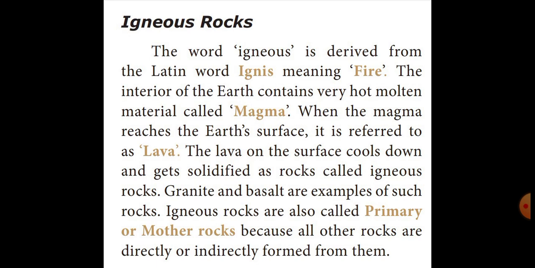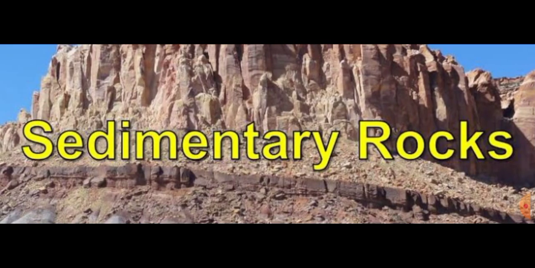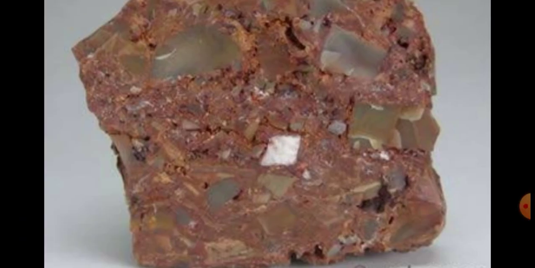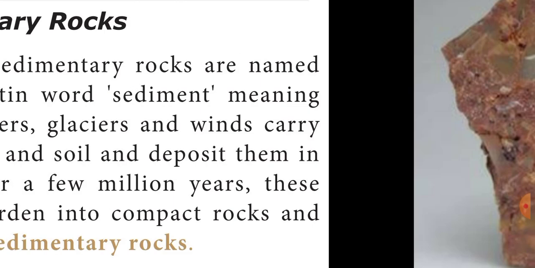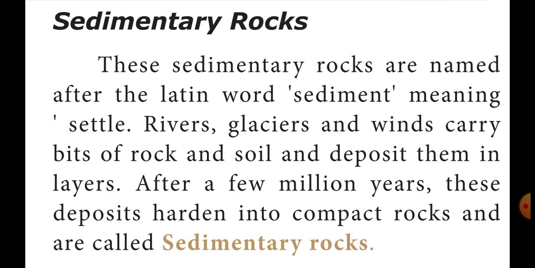Then, which is the second type of rocks? Very good. Sedimentary rocks. What is the meaning of sediment? Very good. Sediment means settle. Then how are sedimentary rocks formed?